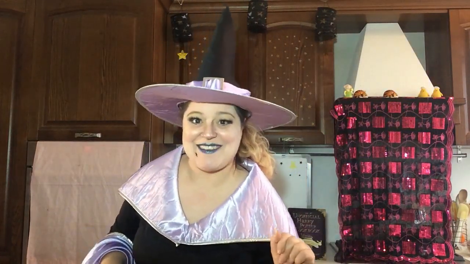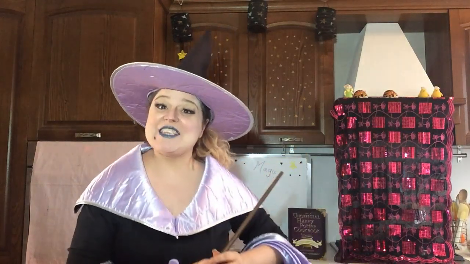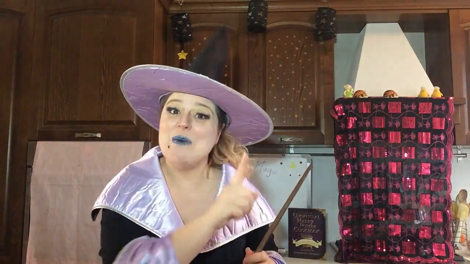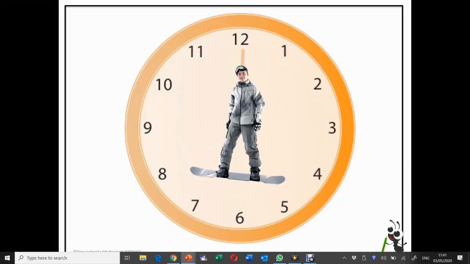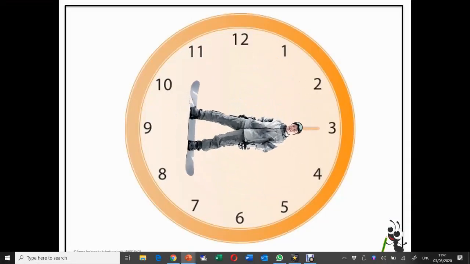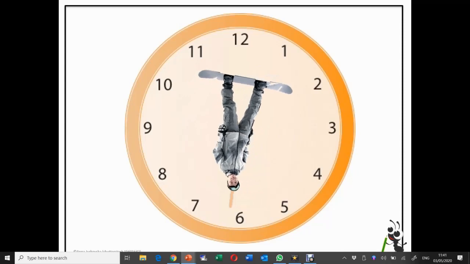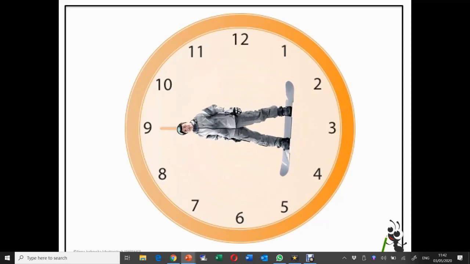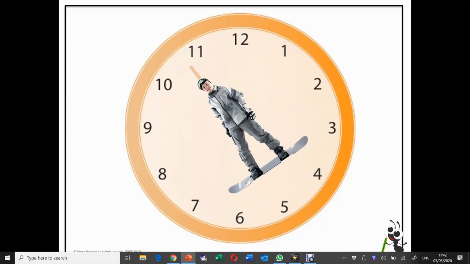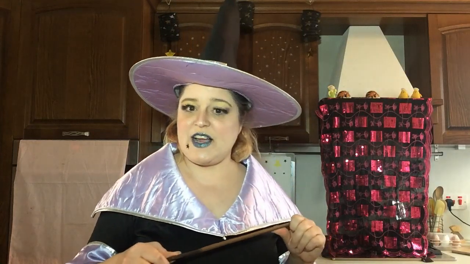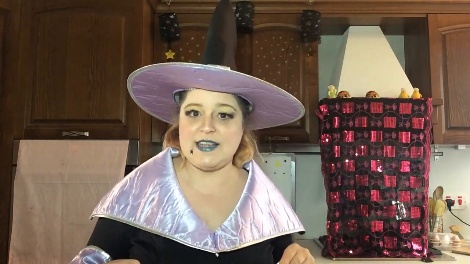All right, there's one more kind of turn we're going to look at. Let's take a look at that snowboarder one more time. He's turning, and turning. All right. This time, he didn't change direction. Stayed the same way every time.